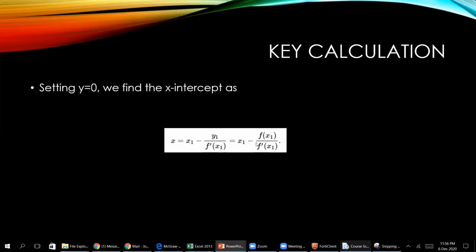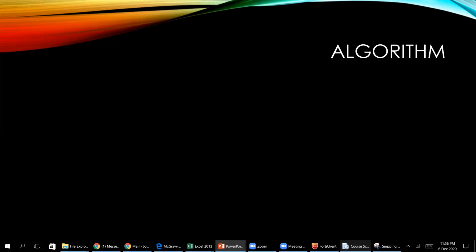So this is our formula for Newton's method. So what will be the algorithm?